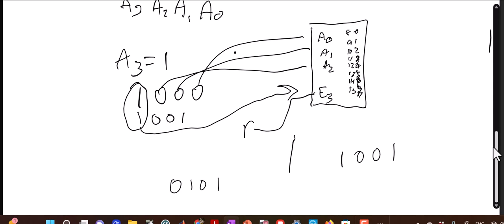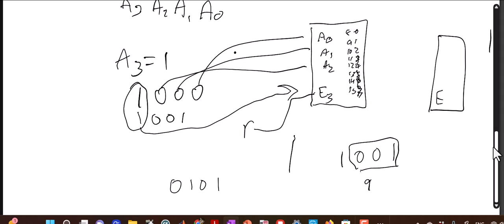Now, this number is 9. I want to make sure I don't also get 1 from the first decoder, so for the first decoder I need the not of R to go into E3, because I need it to be disabled when this first bit is 1.